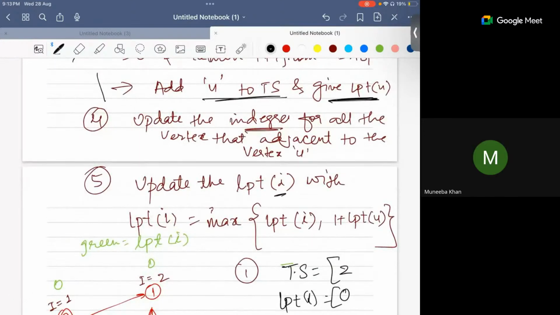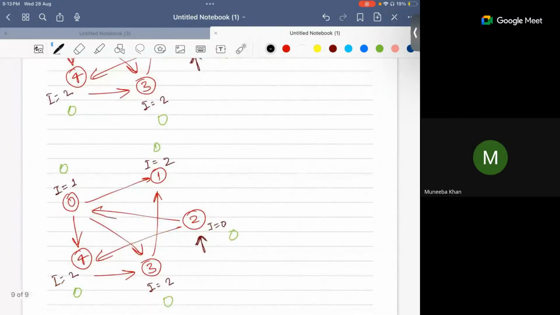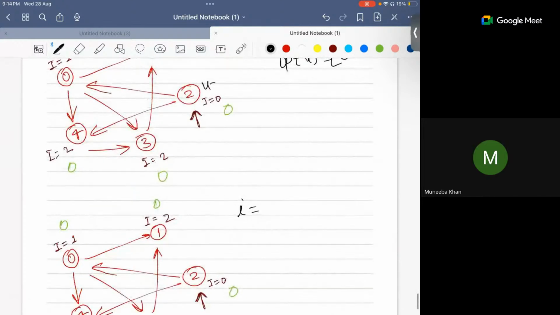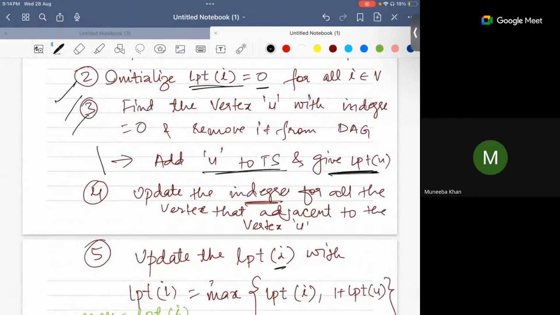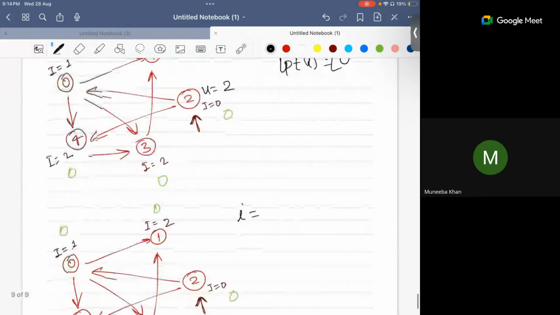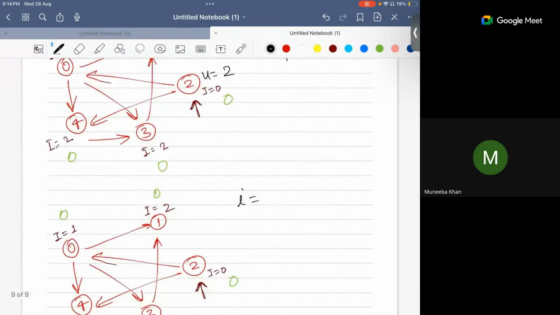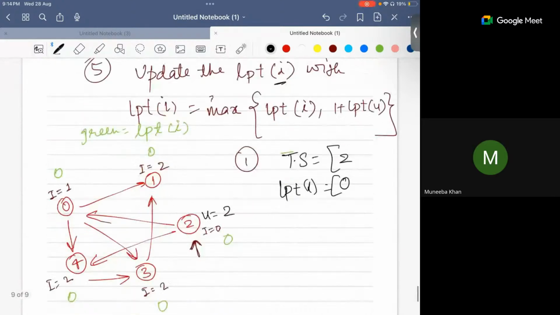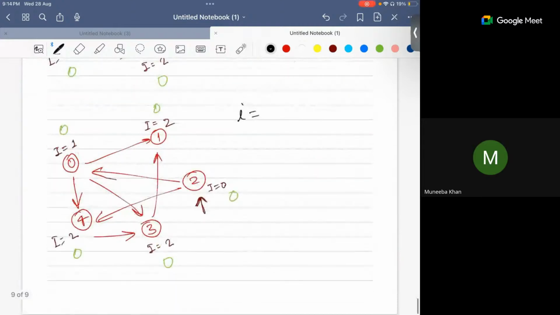What are the vertices that are adjacent to u? For me, u was 2, right? Because u was the vertex with the in degree 0. So for me, u is 2. Now, in the next step, I take all the vertices that are connected to 2. The vertices connected to 2 are 0 and 4.